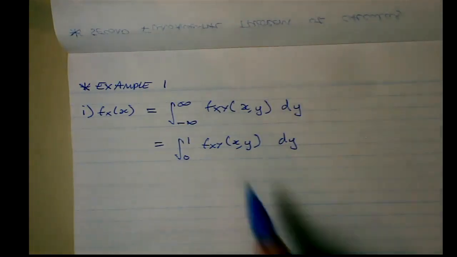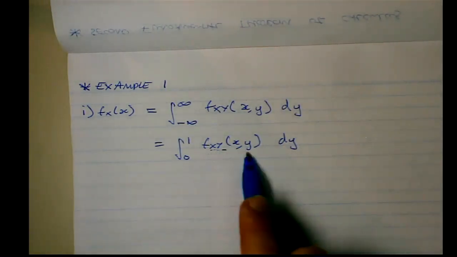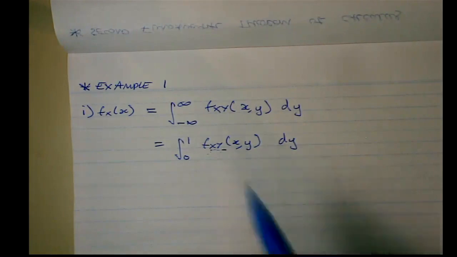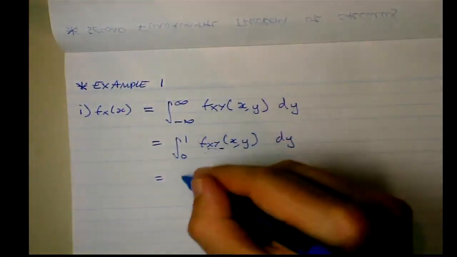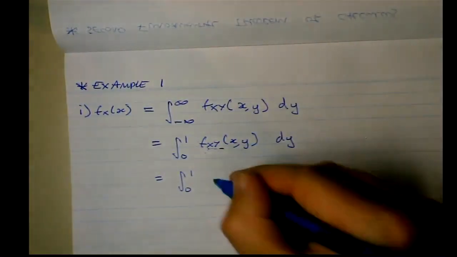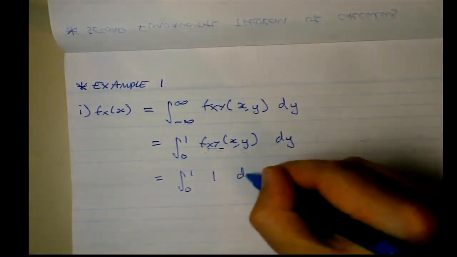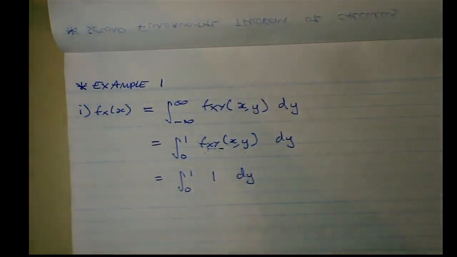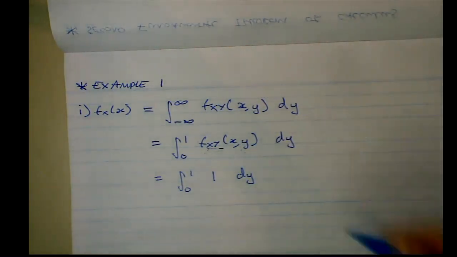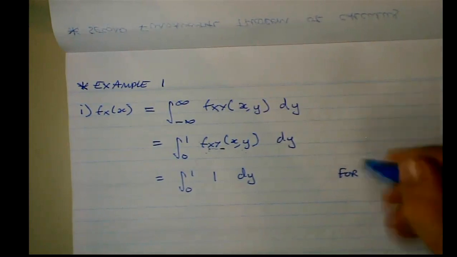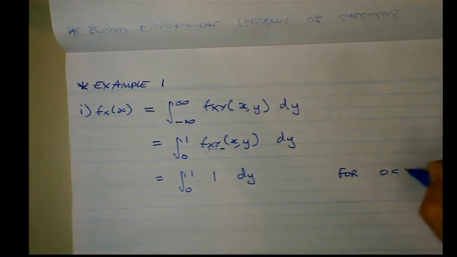Okay, so now we can plug in what this guy is. On the range 0, 1, this guy is 1. So it's the integral between 0 and 1 of 1 dy. That's directly from the question. And that is if x is between 0 and 1.